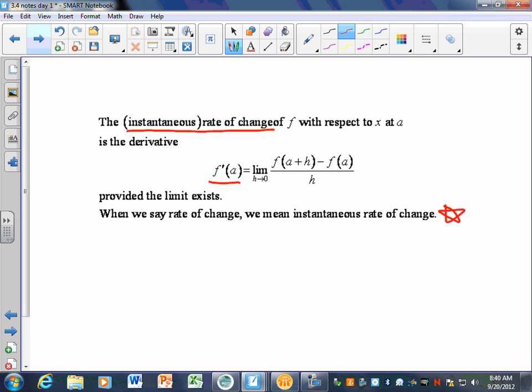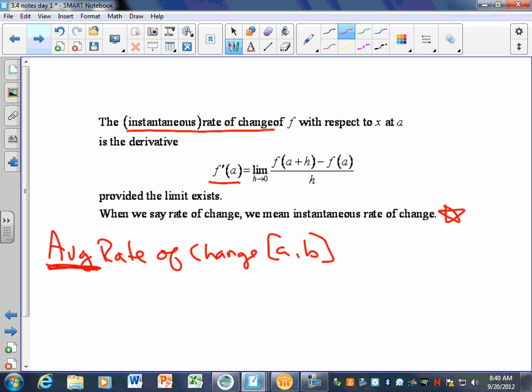Wait, where did you say the average rate? Remember we did that in chapter 2. It's not the same thing as instantaneous. No, average rate of change is given 2 points, the average rate of change over the interval from A to B. It's like saying if I started at 0 miles and drove 100 miles and it took me 3 hours, what was my average rate of change, or my average speed?